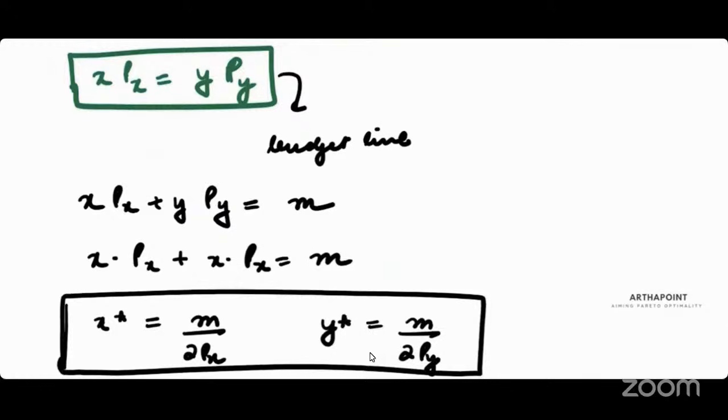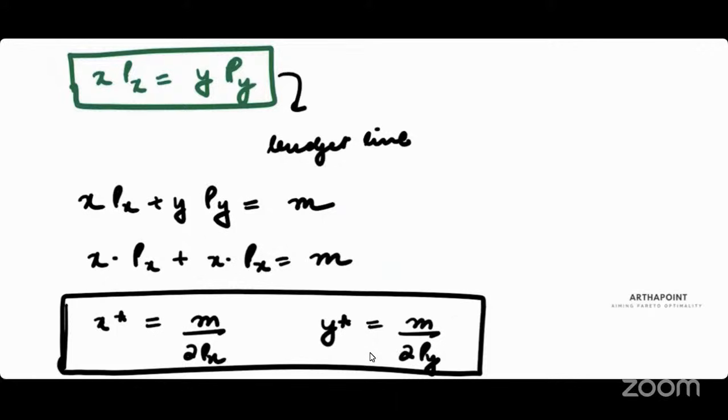So let's just revisit what we have done. We are trying to maximize the utility subject to the budget constraint. I am trying to find the x star, y star that gives me maximum utility.